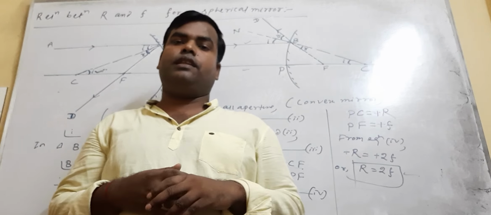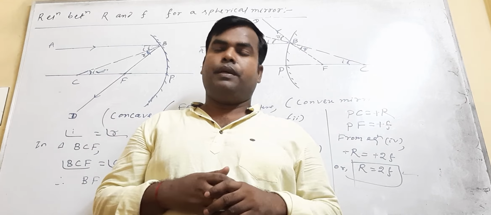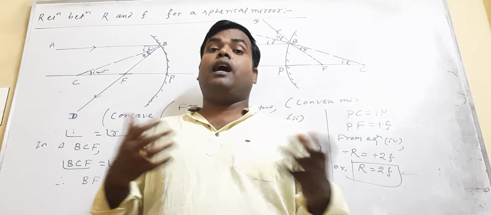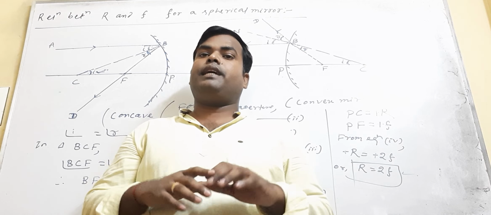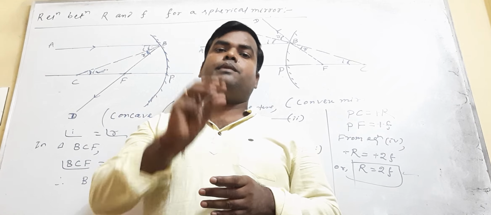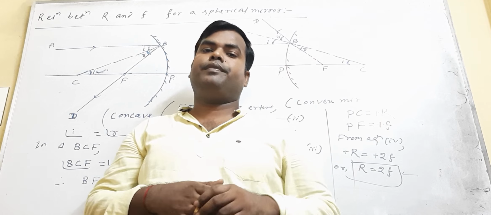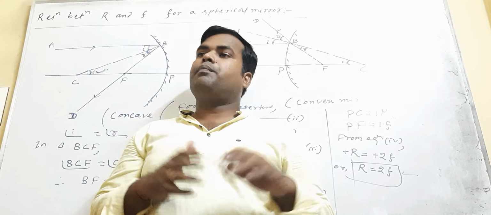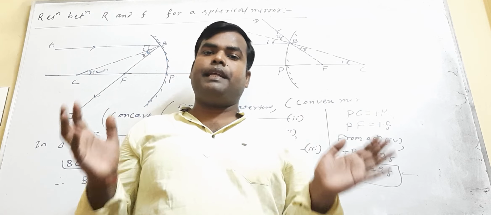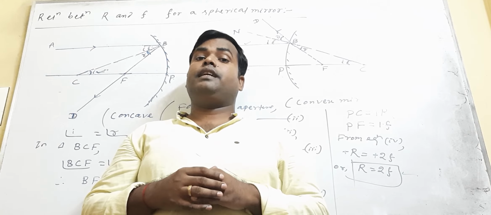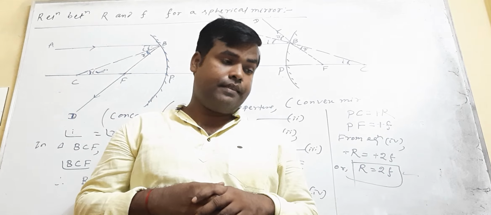Also, this relation is valid for a plane mirror because you can consider the plane mirror as a spherical mirror. How? If you take a small part of a large sphere, that is nearly a plane. So you can assume a plane mirror is a spherical mirror whose radius of curvature is very large, that is infinite.